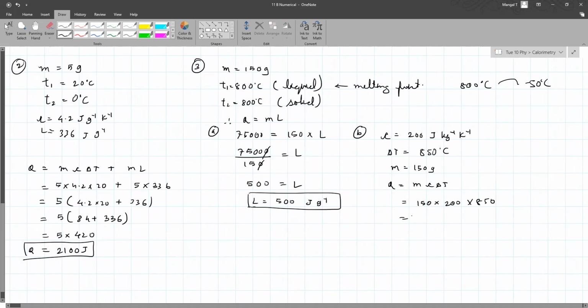So this will indeed be a big number. There's one thing that we need to take care of. This is kilograms and we are substituting grams. So if you divide by 1000, we can reduce 3 zeros. So this will give us 25500 joules.